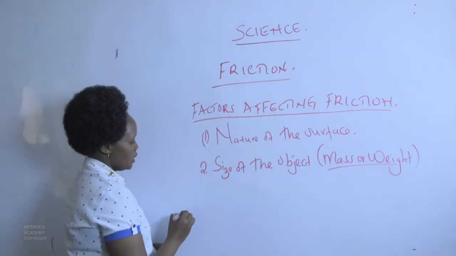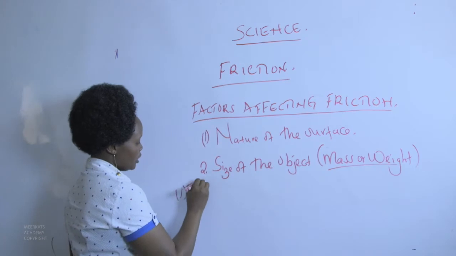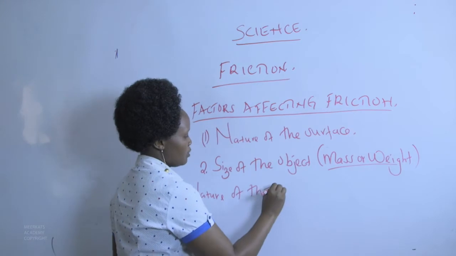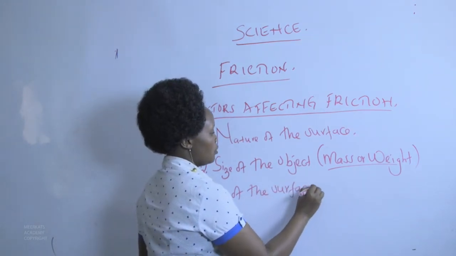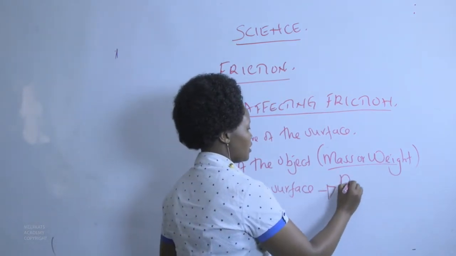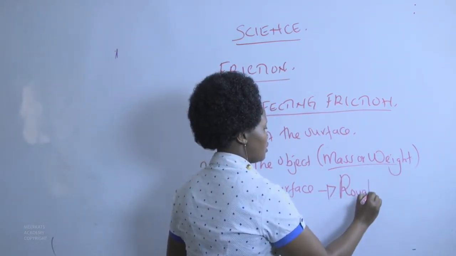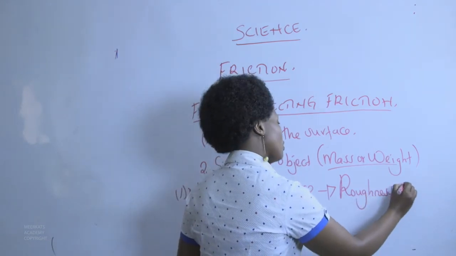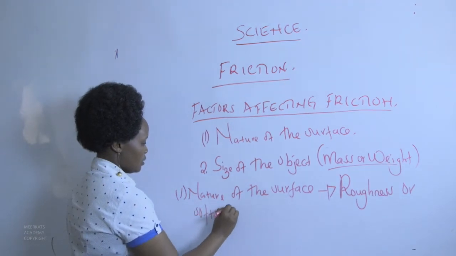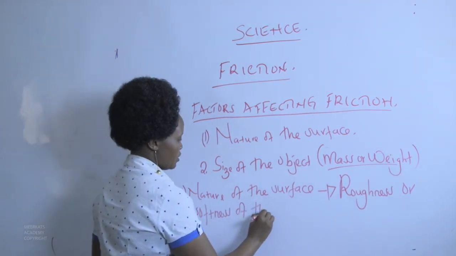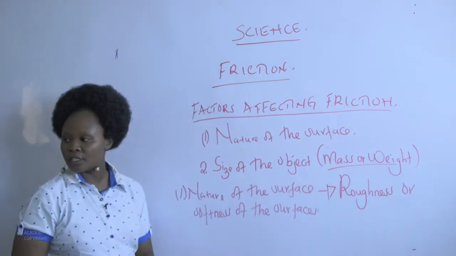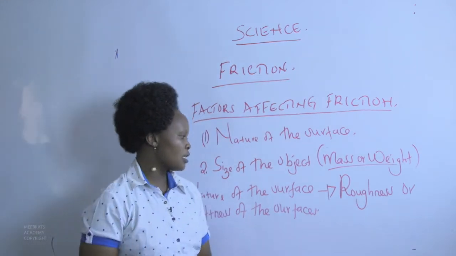And number one, the nature. When we talk about the nature of the surface, we are actually interested in the roughness or softness of the surfaces.